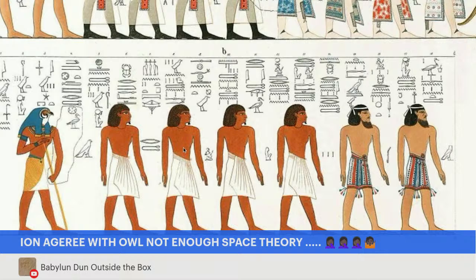I want everybody to notice, obviously it should be obvious to y'all that this is a reproduction here. This is not an actual picture of the tomb, but it's reproduced accurately. And you have columns of text right here. If you look at this column right here, you will see the word remech.